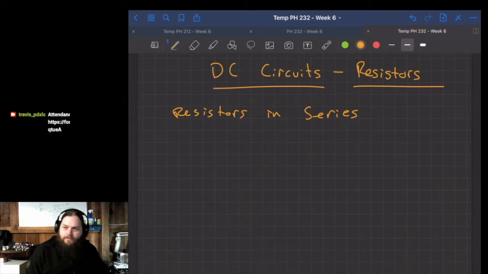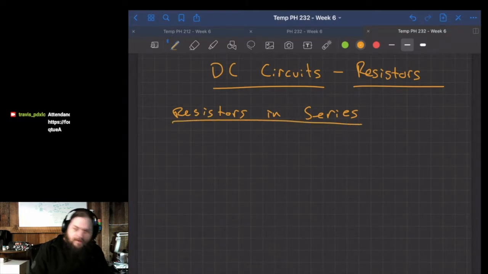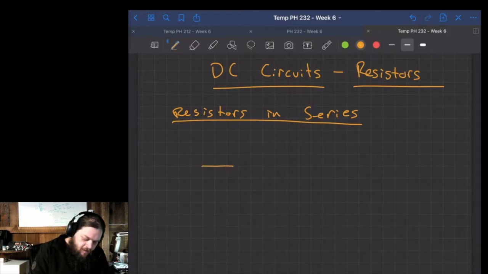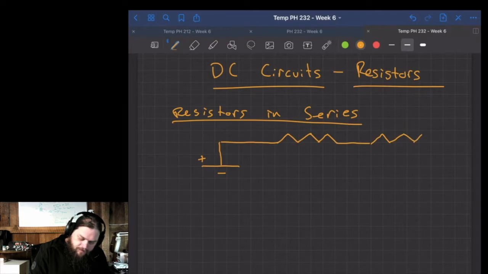So getting back to it, resistors in series. If I were to draw a circuit, I'm going to draw a power source with a positive side here, and we're going to draw 3 resistors in series. That means they're going to be in line with each other, one after another.